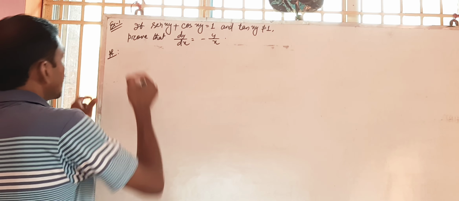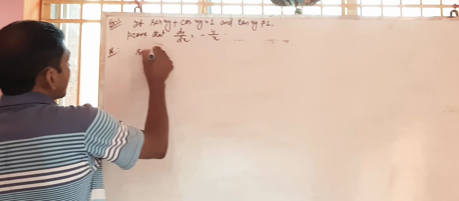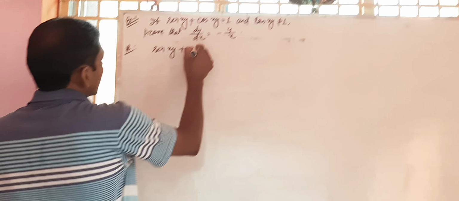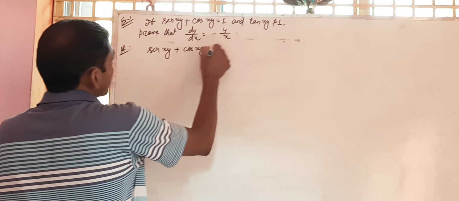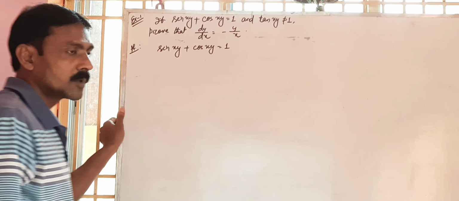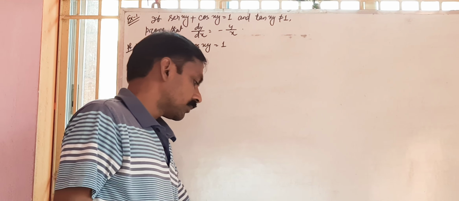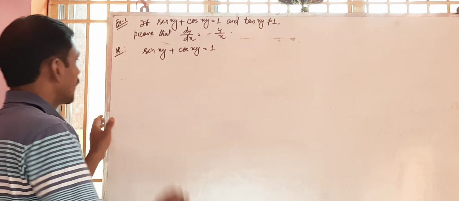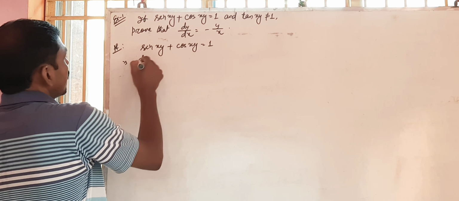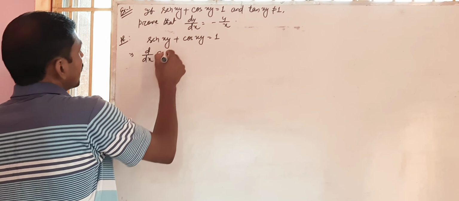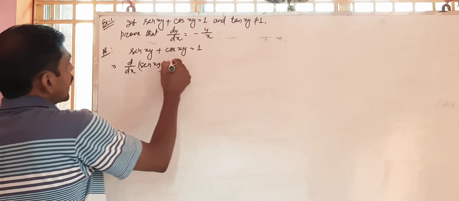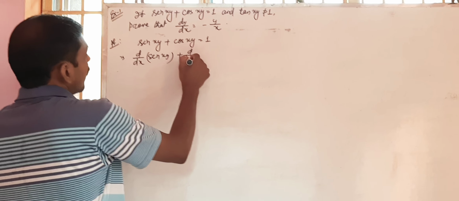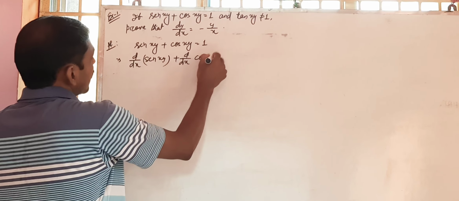So your proof is like this. This one is given: sin xy plus cos xy equal to 1. Now we will differentiate it. d by dx of sin xy plus d by dx of cos xy equal to d by dx of 1.